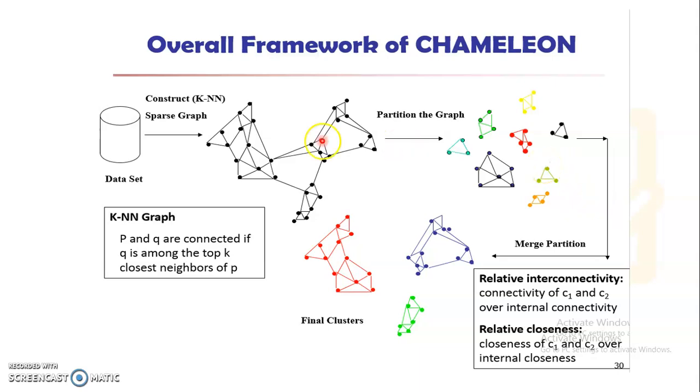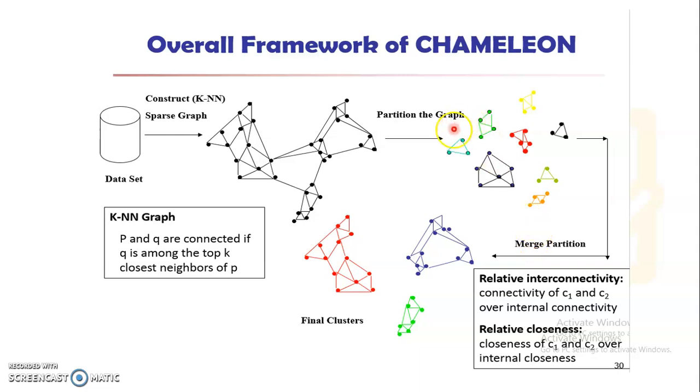Why are we doing this? First we divide these clusters, then we cluster again, because in the first phase, we are dividing these clusters according to their connectivity in the data set. But in the second phase, we are going to merge these clusters according to their similarity.